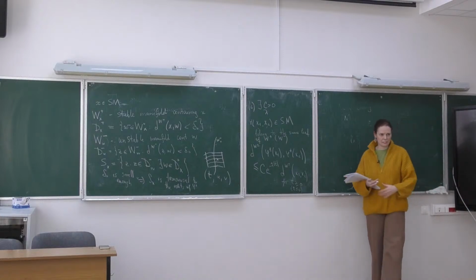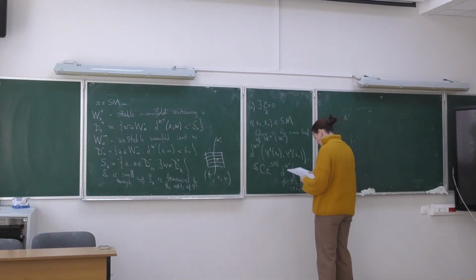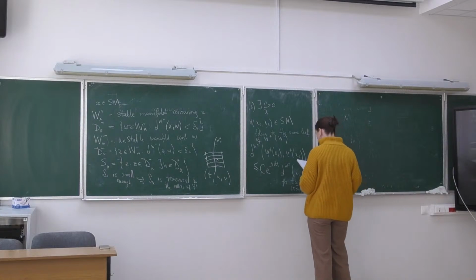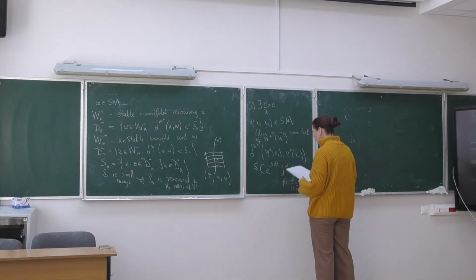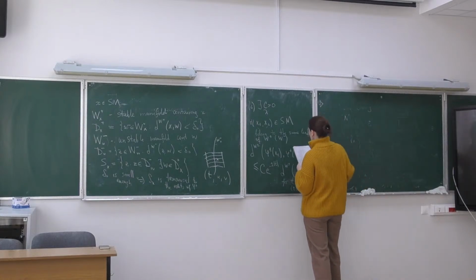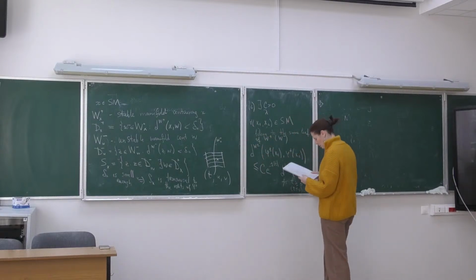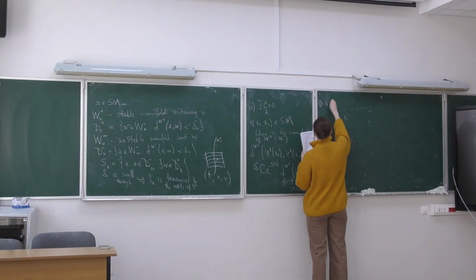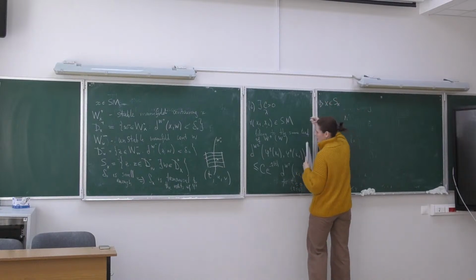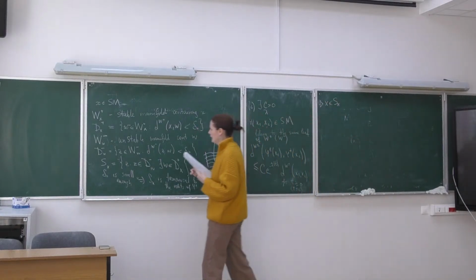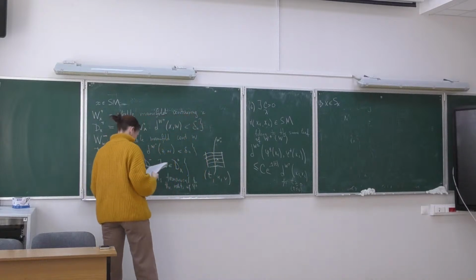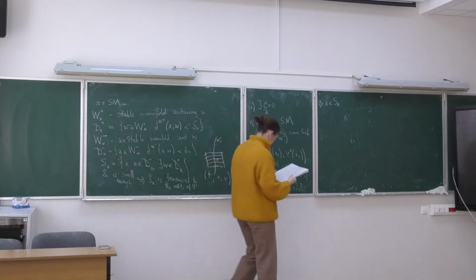Okay, so we take x from... So these were notations, and now we start the proof. So we take x from Sx as defined here with some given delta 0. We fix this delta 0.